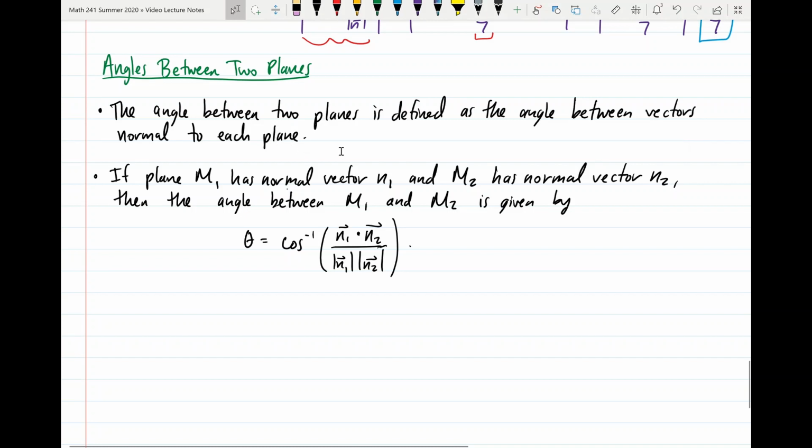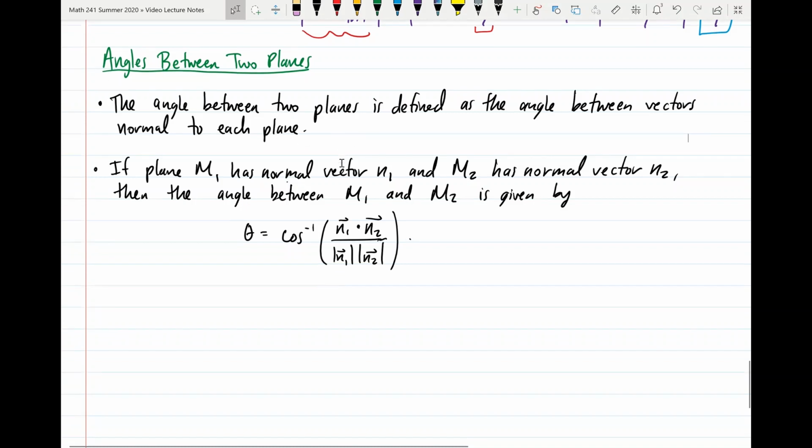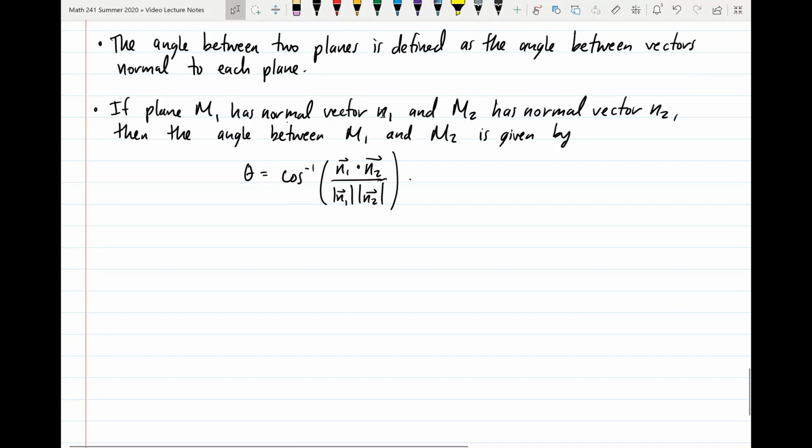So if we have two planes, we want to find a vector n1 that is normal to the first plane, and then we find a vector n2 that is normal to the second plane, and the angle between n1 and n2 will be the angle between the planes m1 and m2.